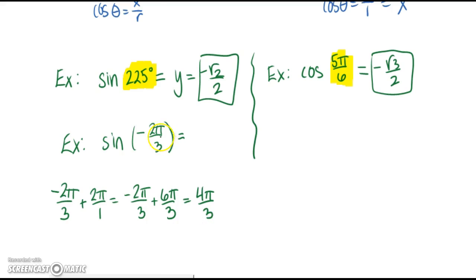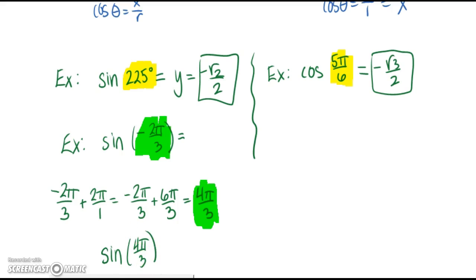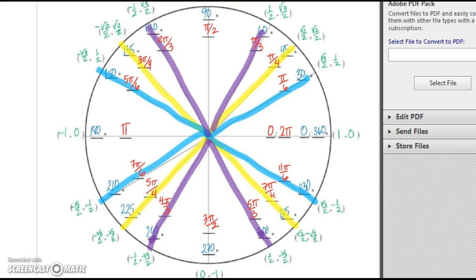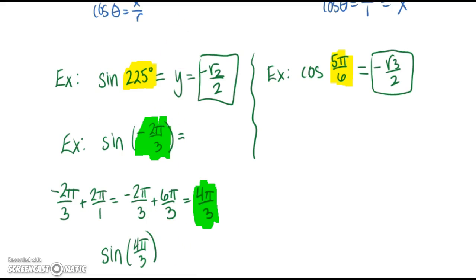And since negative 2 pi over 3 and 4 pi over 3 have the same terminal ray, it's going to have the same points on that terminal ray on the unit circle. So instead of finding the sine of negative 2 pi over 3, we can find the sine of positive 4 pi over 3. And let's go to a unit circle. Here's positive 4 pi over 3. Since we're finding sine, it's the y coordinate. It's negative root 3 over 2. And so that value is going to be negative root 3 over 2.